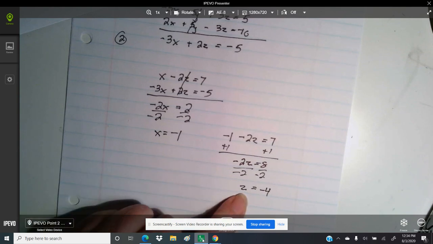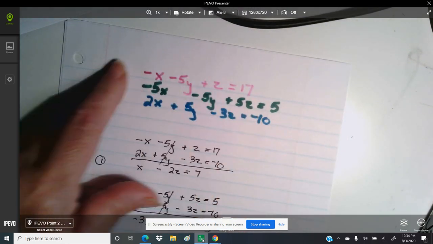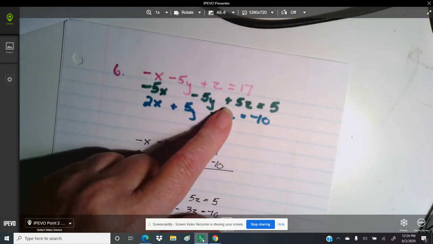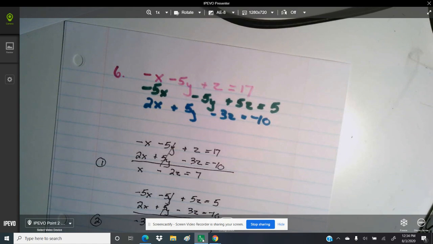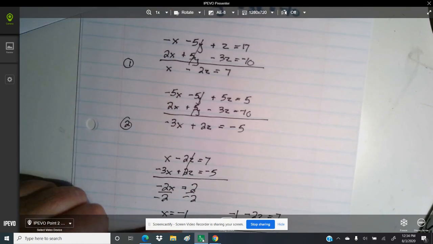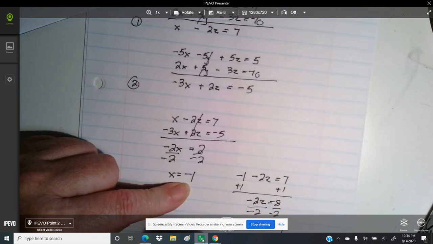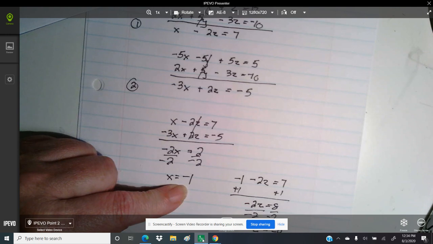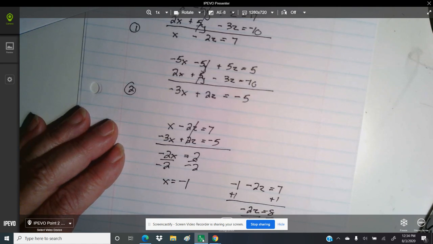So now that I have x and z, now I can go back up to my original equations, and I can put x and z into any one of these three equations and solve for y. I'll pick the pink equation, again, sort of arbitrarily. My x was negative 1, so I'm going to put that in, negative 1, minus 5y, plus my z value, which was negative 4.